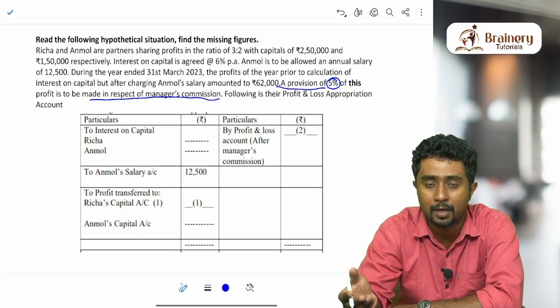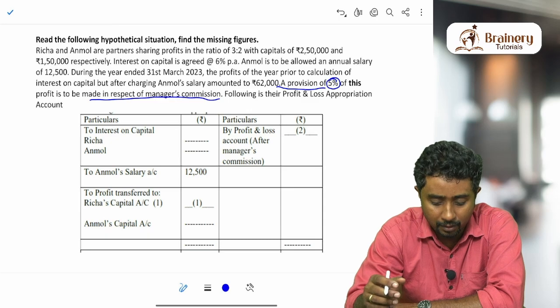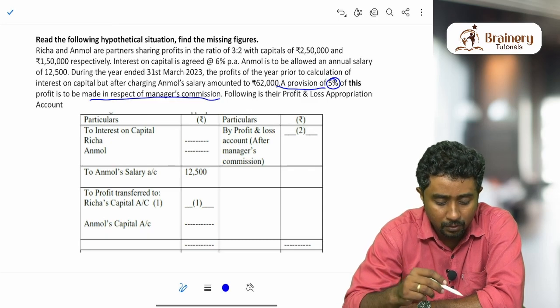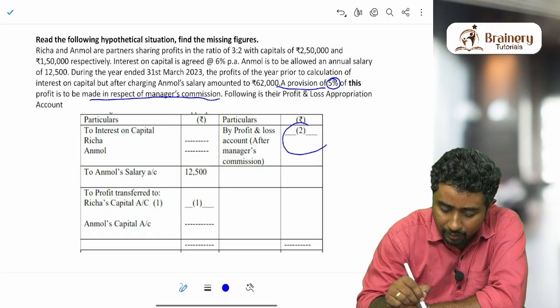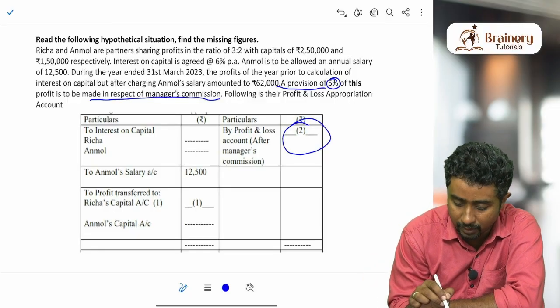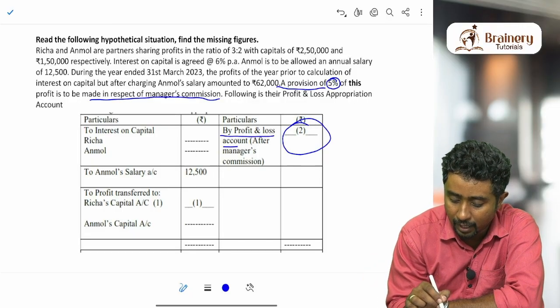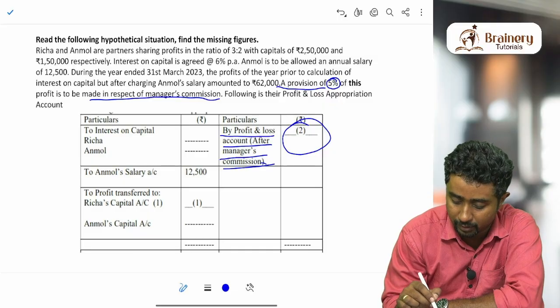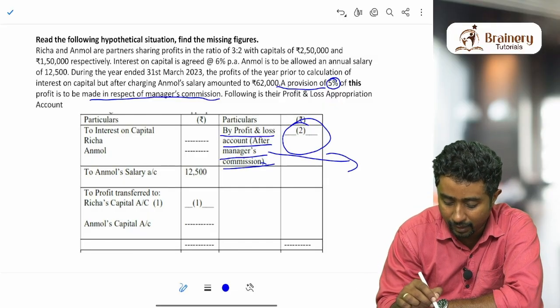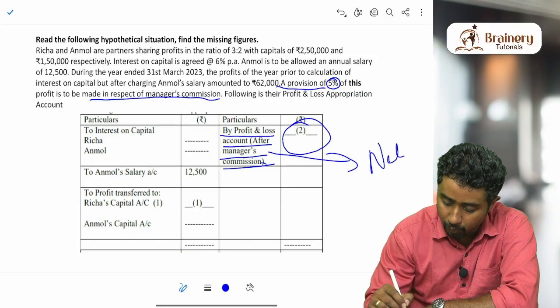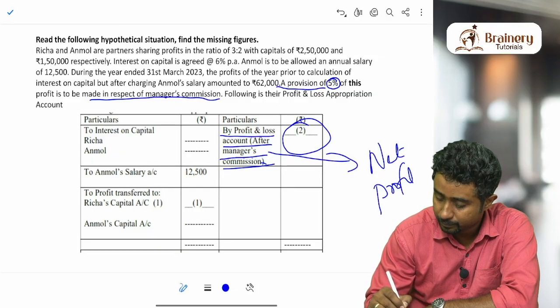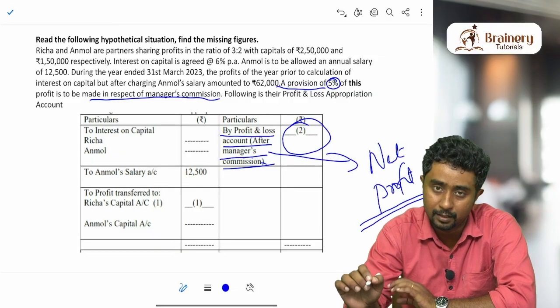That is how partnership accounts are prepared, right? Already you are aware of it. When it comes to this profit and loss appropriation account, you can see that the profit is mentioned as profit after manager's commission. Basically, it is net profit.